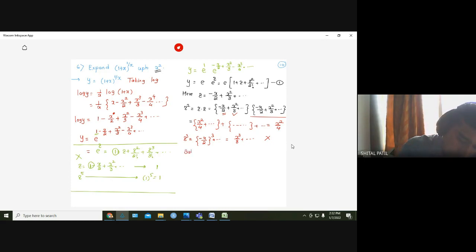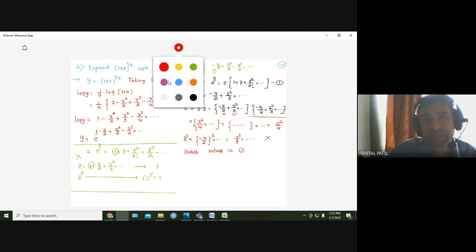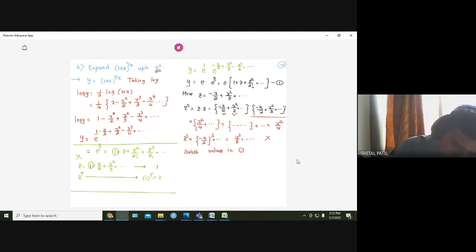So substituting values in 1. Yes, substitute them in 1 and see what you are getting. So 1 is y equal to e raised to 1 plus z square divided by 2 factorial and so on.